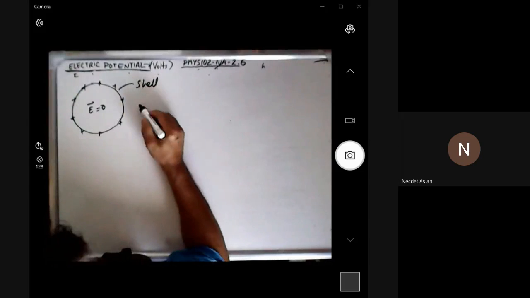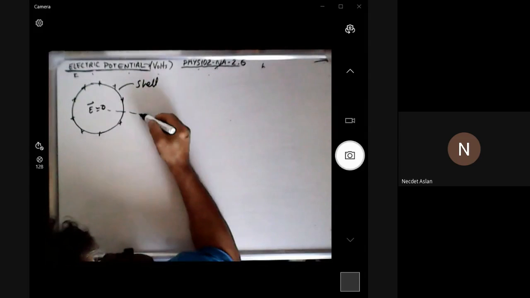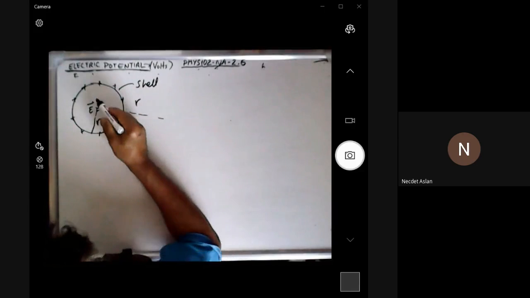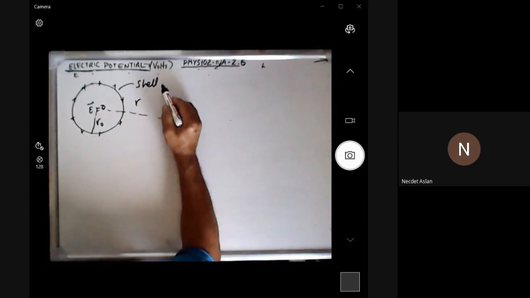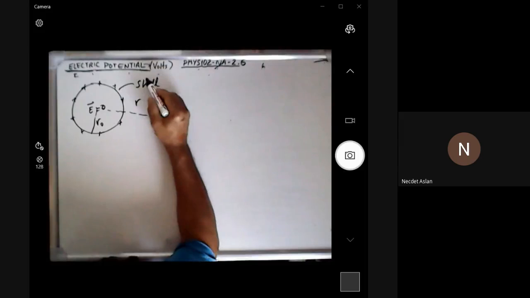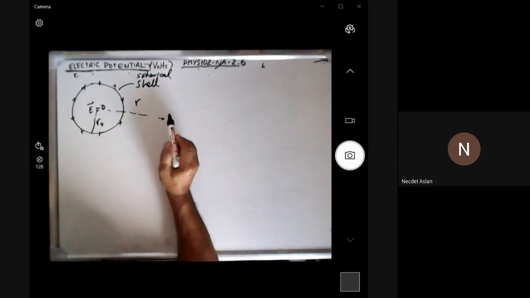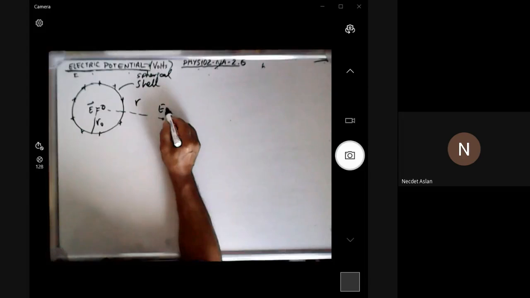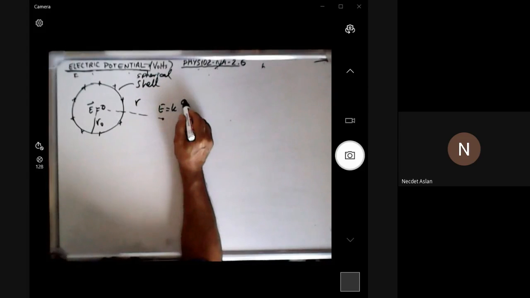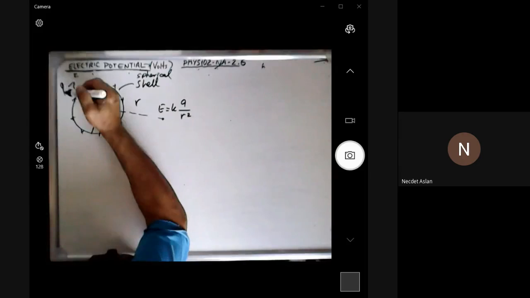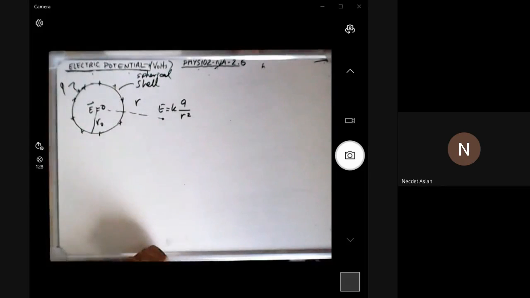But outside, at a distance r greater than r0, which is the radius of the spherical shell, we know the electric field is given by k q over r squared if the total charge on the surface is q.